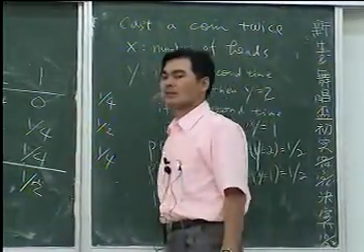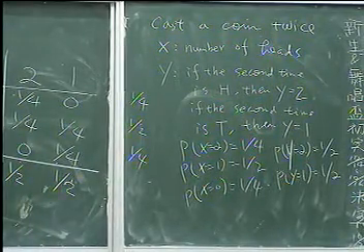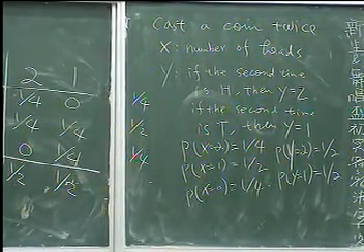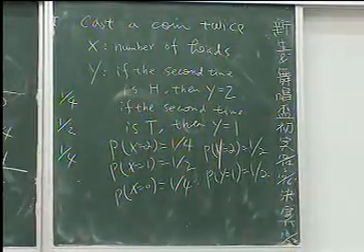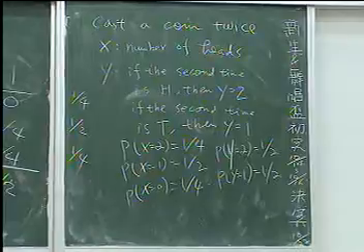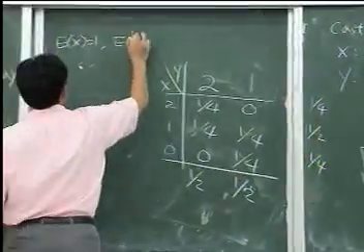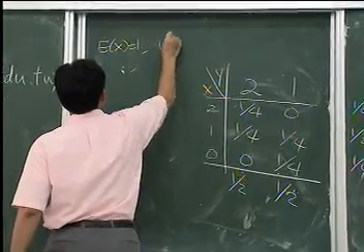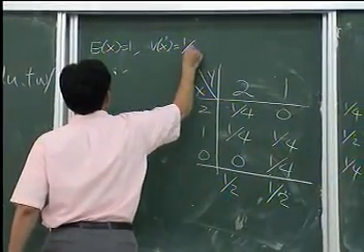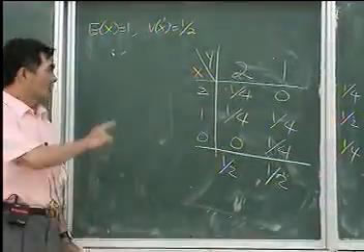Any questions so far? Of course, we have done this before. We know expectation of X is equal to 1, variance of X is equal to 1/2, right? You want to practice to verify the answers.